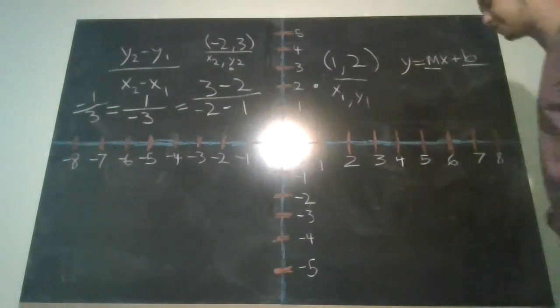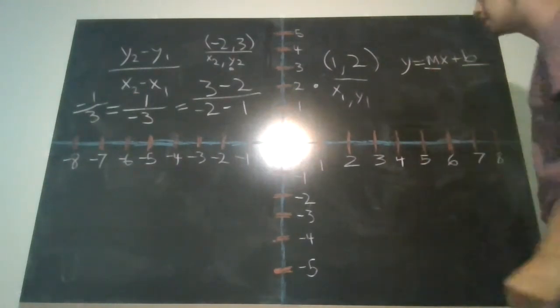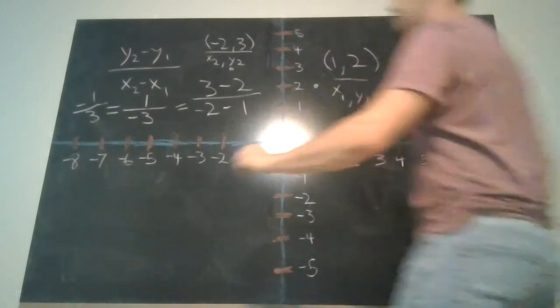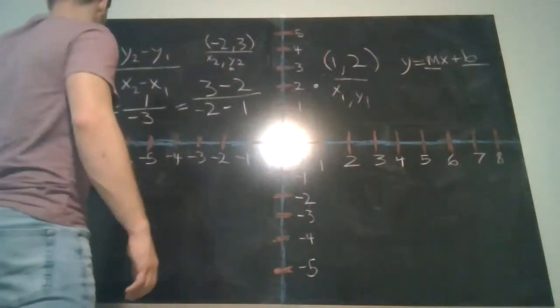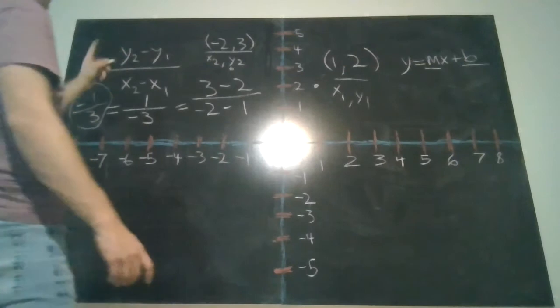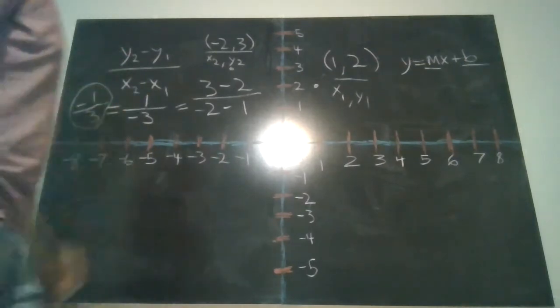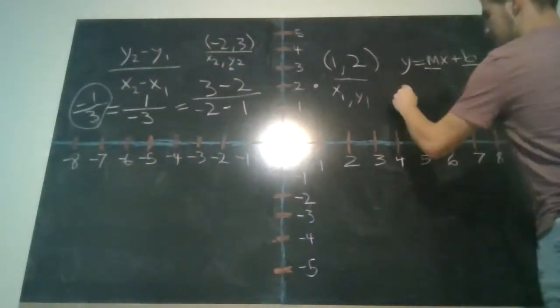If I'm a little all over the place, ask me about it in class. So right now we have already decided that the slope is y2 minus y1 over x2 minus x1, which is -1/3. So now we have a slope found already.